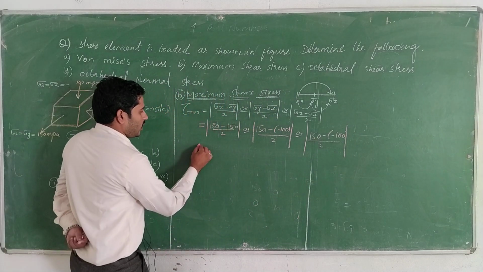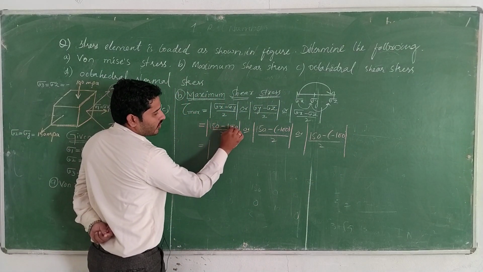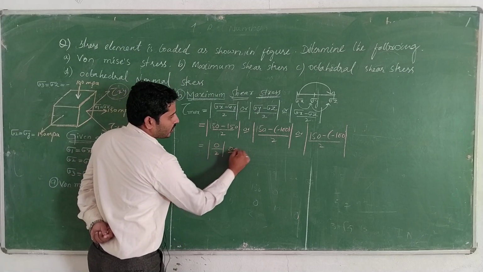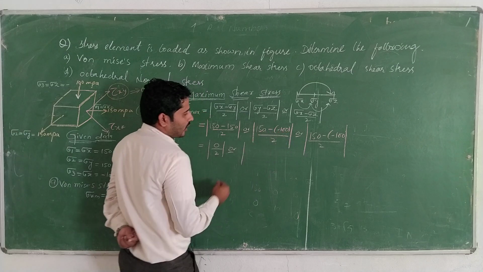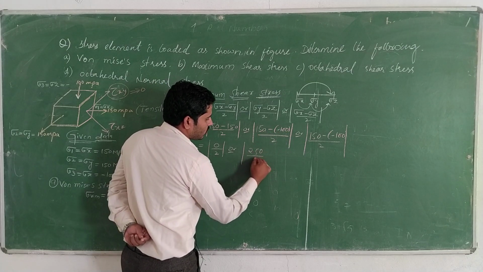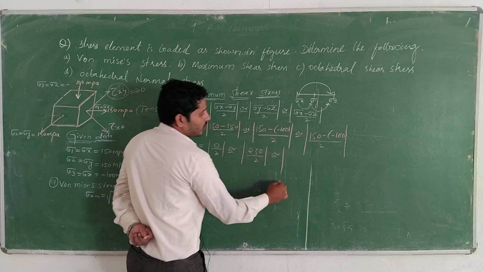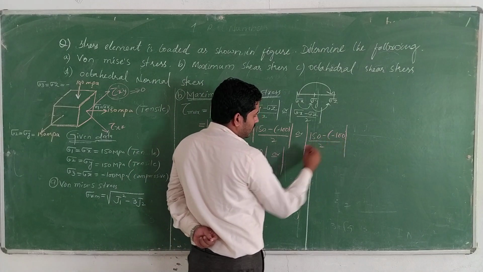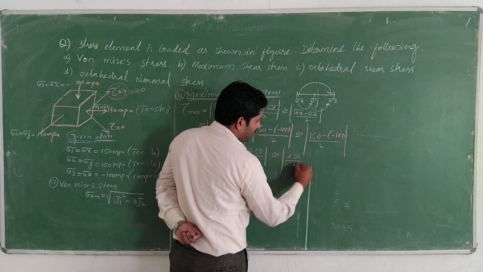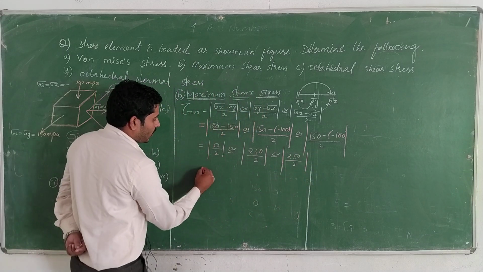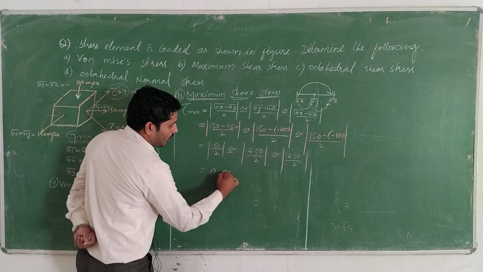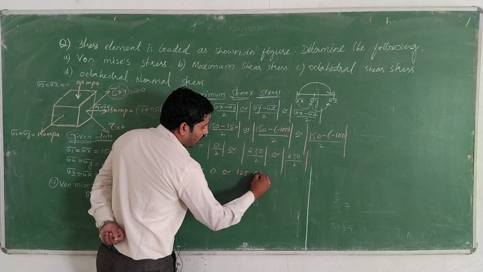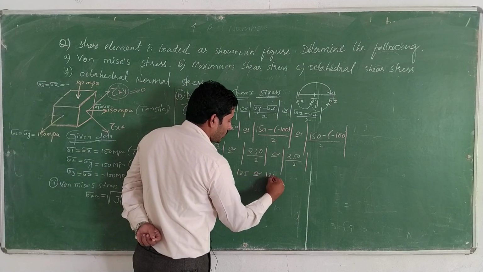Okay dear, 150 minus 150 should be how much? 0. 0 by 2. Or here 150 plus 100 is 250 by 2. Or here again 150 minus into minus should be plus, 150 plus 100 should be 250 by 2. Then 0 by 2 should be how much? 0. 250 by 2 should be how much? 125, or 250 by 2 again 125.